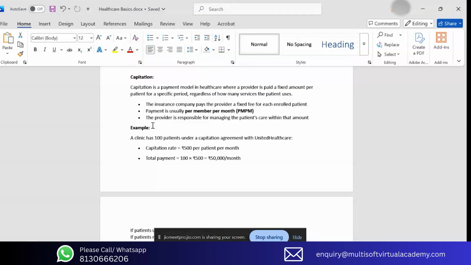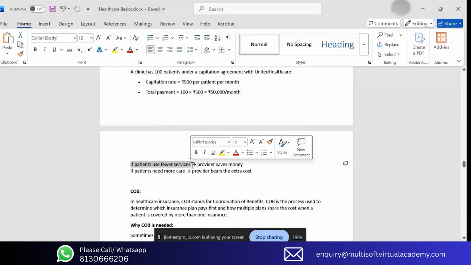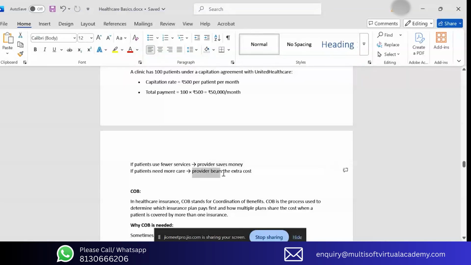For the entire month this is the cost, and you can take the visits any number of times. When you will be asked to visit a doctor regularly within a short period of time, it is recommended to take a capitated provider. If a patient uses fewer services, the provider saves money. If the patient needs more care, the provider bears the extra cost. That is how capitation works.